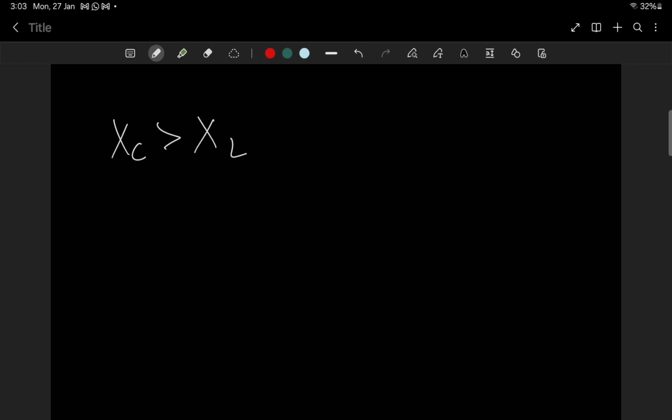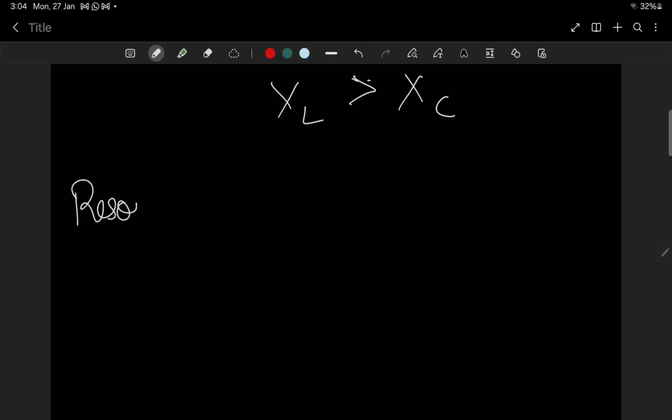And if XL is greater than XC, then the circuit is inductive in nature, that is current is lagging behind the voltage. In resonance condition, XC will be equal to XL.